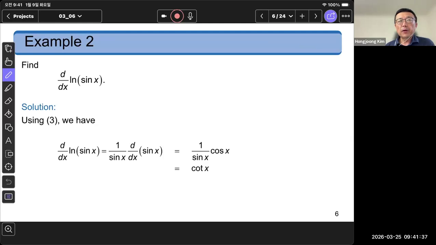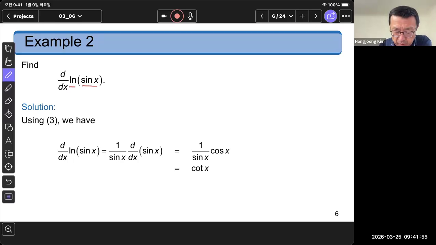Okay, so if I want to differentiate ln of sine x, then this is the composite of two functions, right? You first consider the sine x, and then you consider the outer function, the ln function.